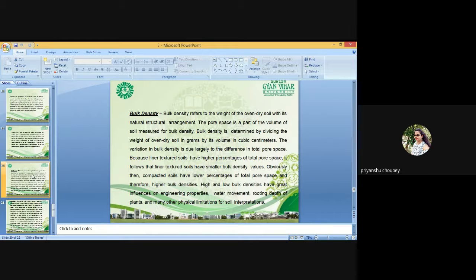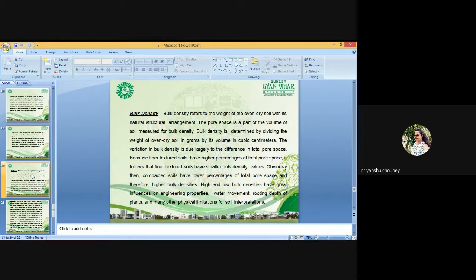Particle density is always greater than bulk density, and per unit volume of soil is always greater than volume of soil solids.